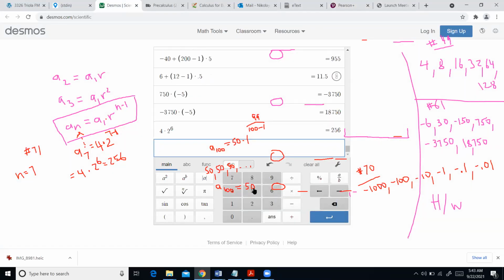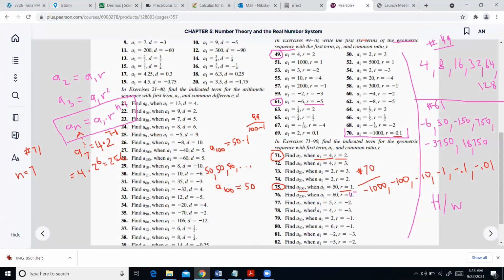So let me check it out. 50 times 1 raised to the power of 100 minus 1 or 99. And yes, indeed it is 50. Of course it is. Yeah, I found unusual question, one may say. Well, it doesn't really matter for us. It's as long as you have the answer, then you got the result.